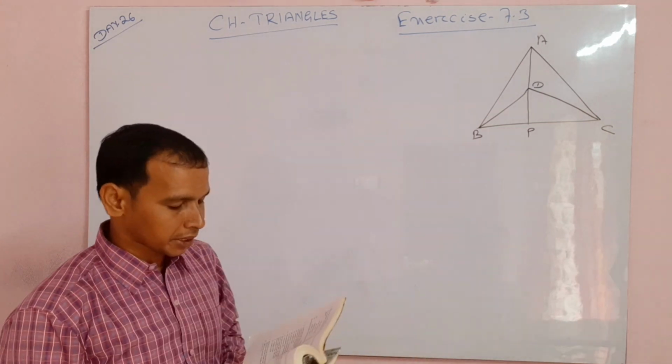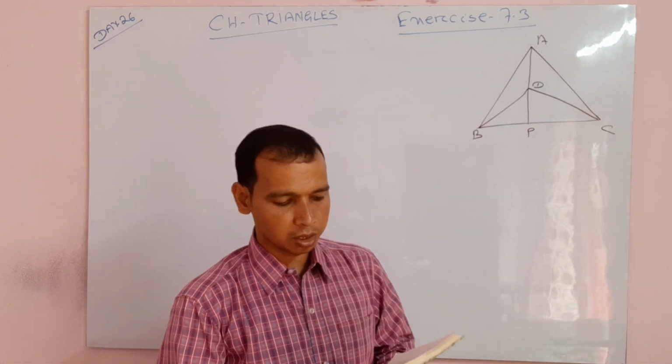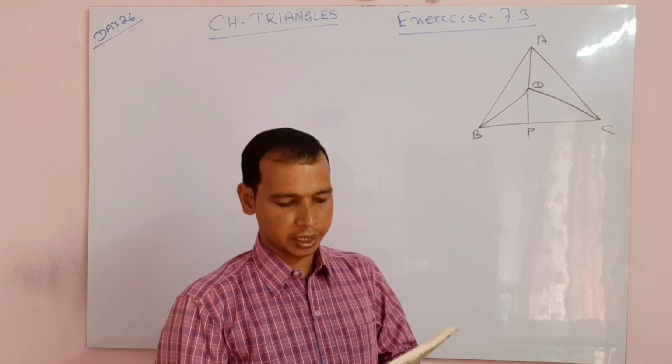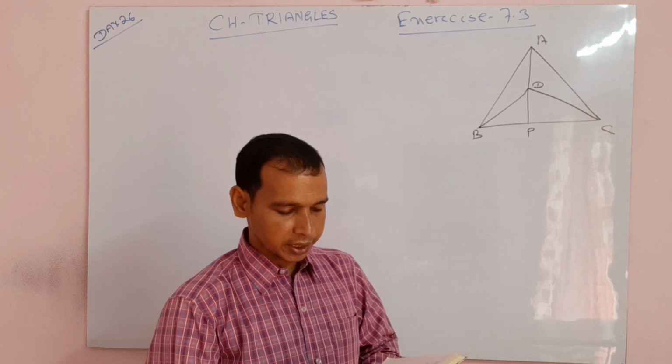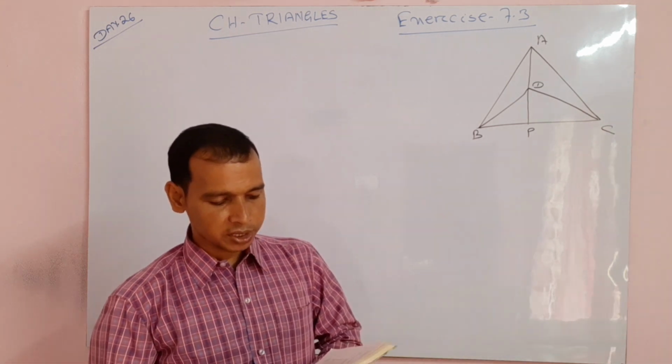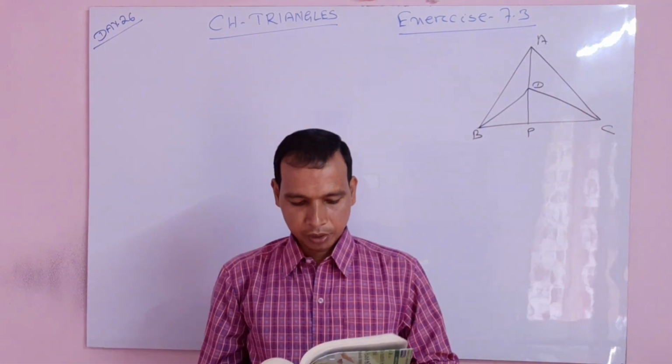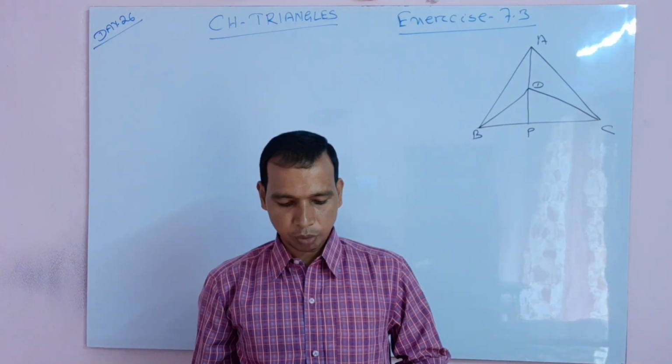Question here: ABC and DBC are two isosceles triangles on the same base BC, and vertices A and D are on the same side of BC. So AD is extended to meet BC.